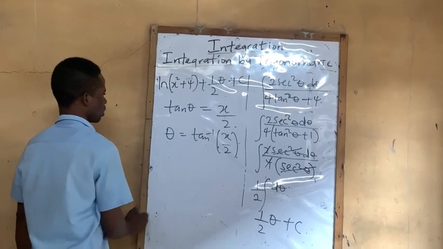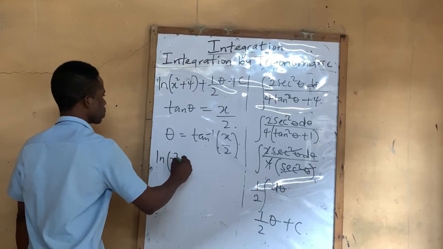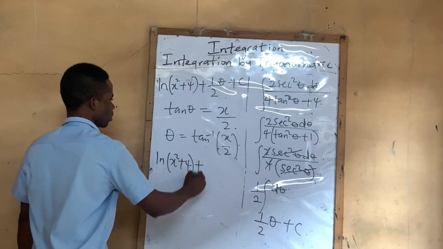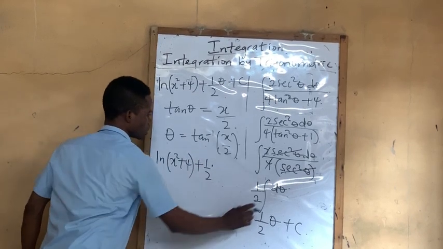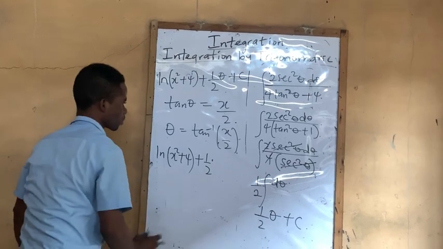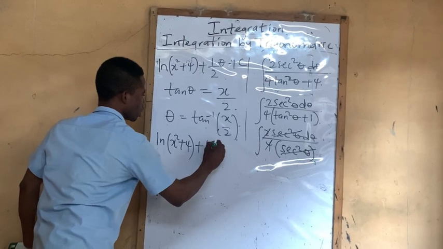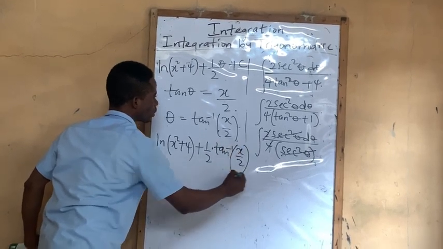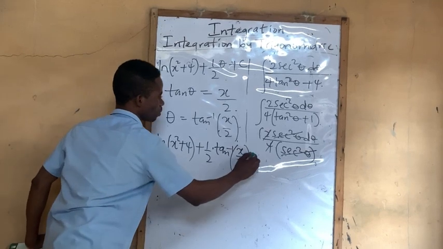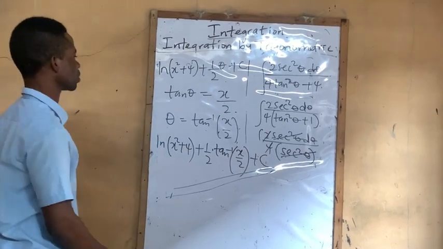That means my final answer will be ln of bracket x squared plus 4, plus 1 all over 2 multiplied by inverse tan of x all over 2, plus c. So that is the final answer for that.